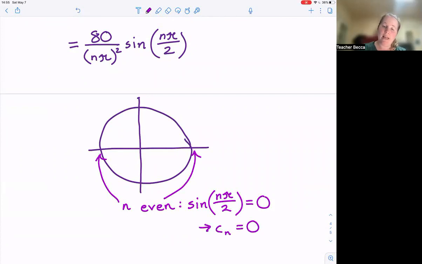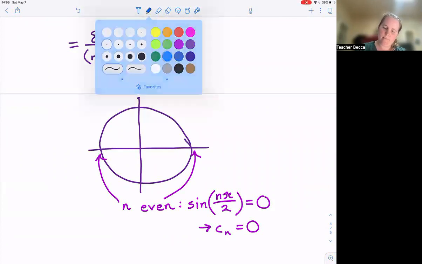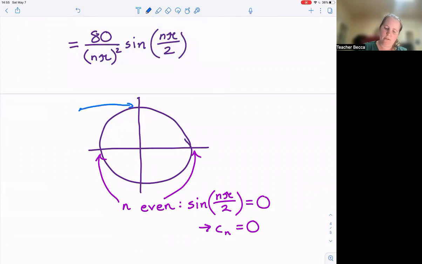For n odd, those are the top and bottom of the unit circle. We'll go ahead and set n equal to 2k minus 1.